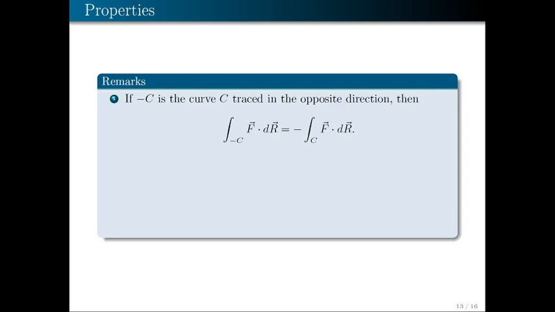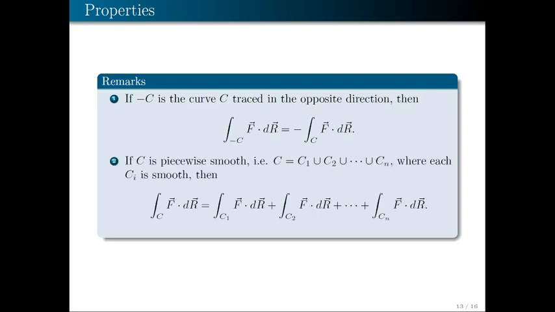Second, if C is a piecewise smooth curve, that is, C can be written out as a union of smooth curves, for example, C1 until Cn, then the line integral of f dr over that curve C can be written out as the sum of the line integral of f dr over each of these curves.